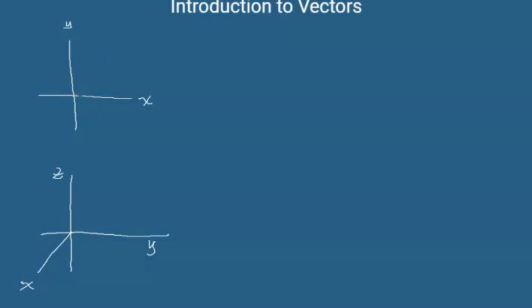So it can be this or this. And for 3D vectors, it can be represented something like this. So this is for X, and this is for Y, and the Z is like going up.